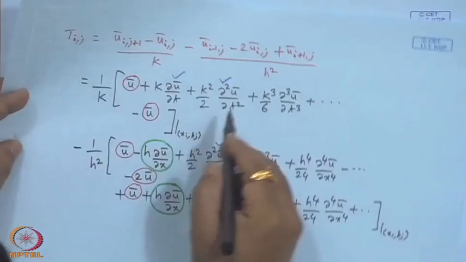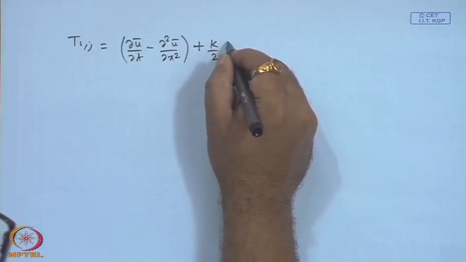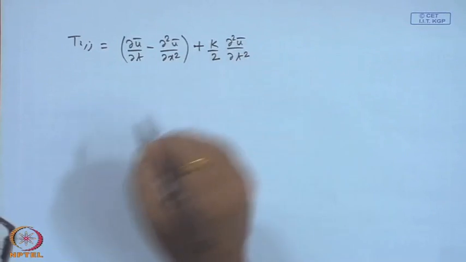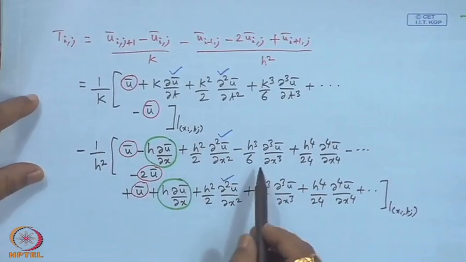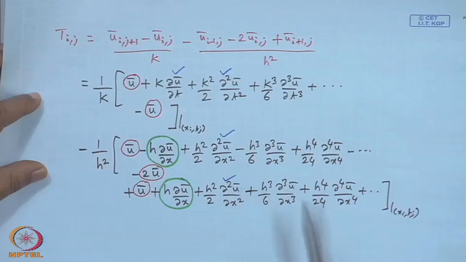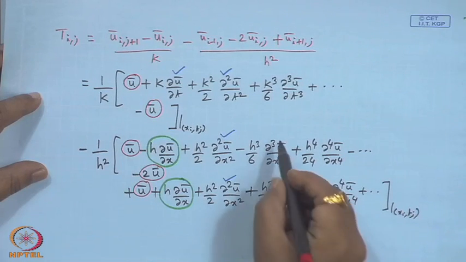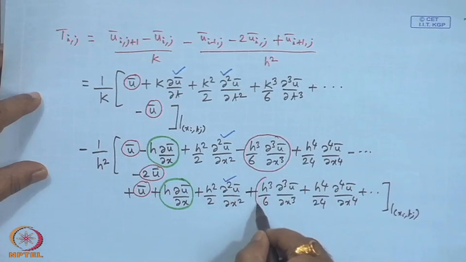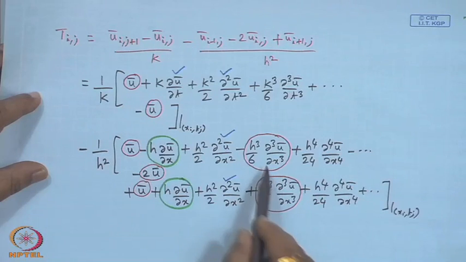It is not k square because there is one k there. So, it is k by 2, okay. So, this is done. Then these cube terms again get cancelled.